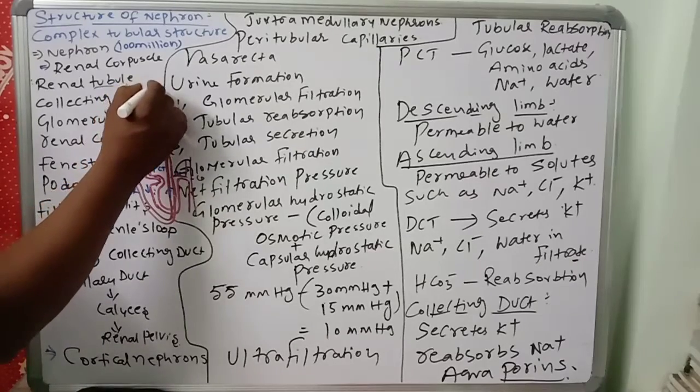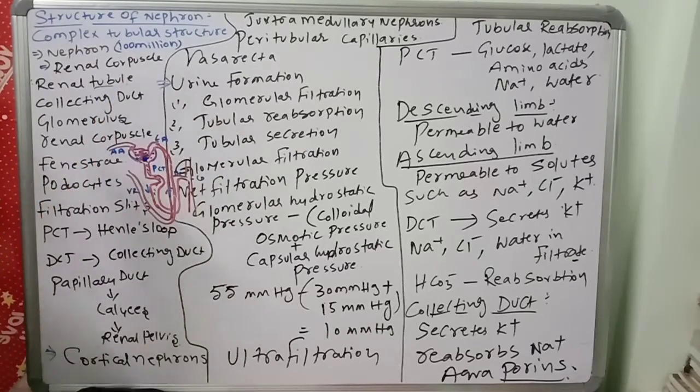Next, the mechanism of urine formation. How urine formation takes place is important. The nitrogenous waste formed as a result of the breakdown of amino acids is converted into urea in the liver by the ornithine cycle.